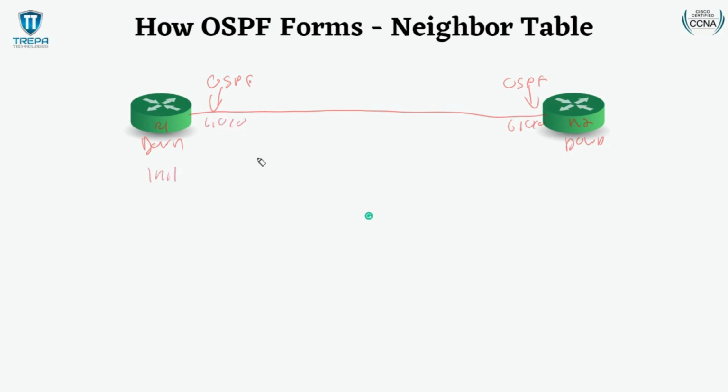Then we enter into what we call an init state, and this is just to build that neighbor table. One of these routers is going to send that hello packet first, and the neighbor field of that packet is going to be empty. The DR and BDR fields are going to be set to 0.0.0.0. So they're going to send hello packets to each other. Hello.